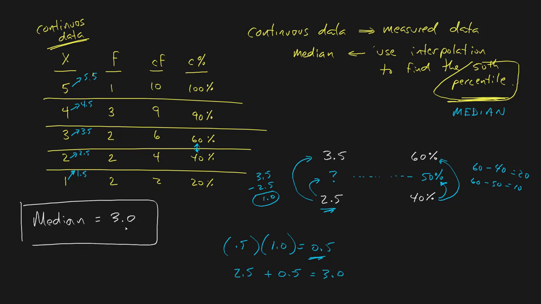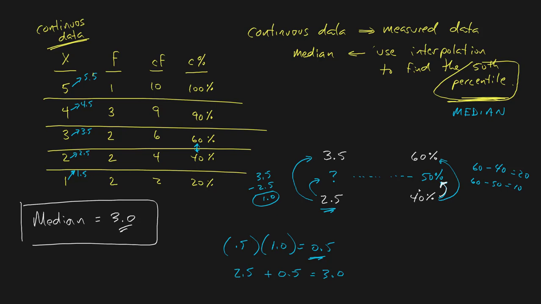Okay, so in this case, interpolation didn't turn out to be a very big deal. It worked out nicely that 50 was right between 40 and 60%. I didn't really intend to make such an easy example. I just made these numbers up right before starting this video, and it just happened to turn out that we got a nice even number and that 50% was halfway between 40% and 60%.